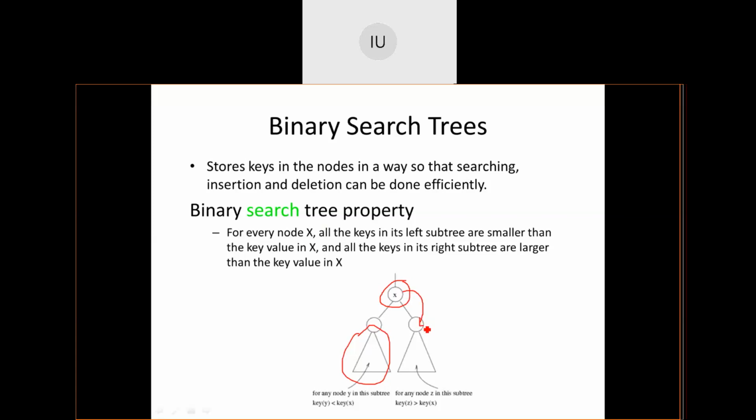In order to make searching much more convenient and faster, I'm organizing this arrangement of elements. If the root is x, all the elements that are lesser in value occupy the left subtree. All those elements that are greater than the value of the root occupy the right subtree.